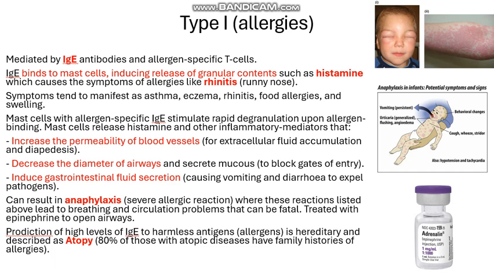So that's why we have all these symptoms to try and get rid of the allergens, because we think they are pathogens trying to infect us. So we're increasing the permeability of blood vessels to recruit leukocytes and other components in the lymph to deal with these infections, decreasing the diameter of airways and secreting mucus to stop these allergens actually getting into our bloodstream, and also inducing gastrointestinal fluid secretion to cause vomiting and diarrhea to expel these antigens.